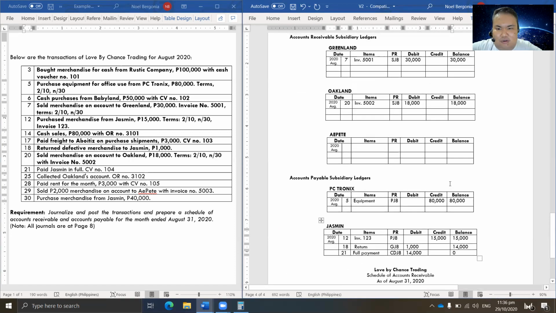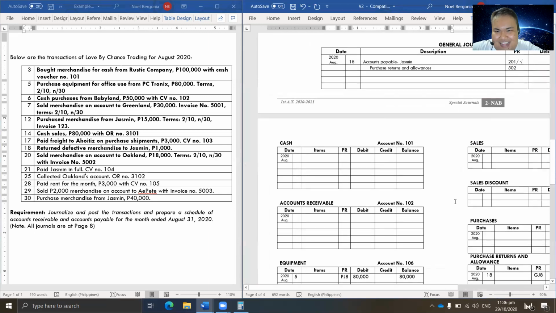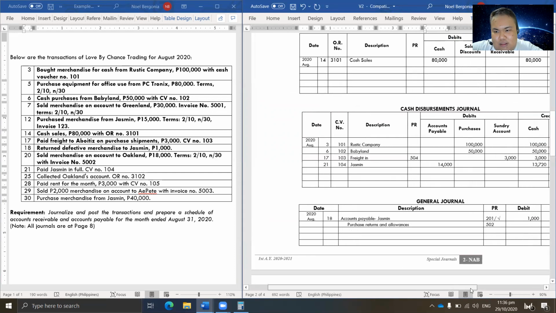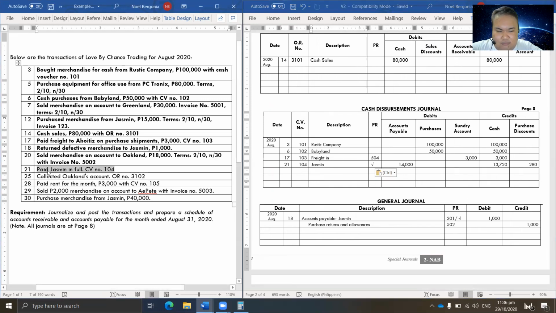Okay? So, ang gagawin lang natin ay balikan yung Cash Disbursements Journal, kasi kailangan natin siyang lagyan ng posting reference. Ayan. So may check mark na, ibig sabihin, we're done already with the transaction for Jasmine. Okay, so that's the 21st.